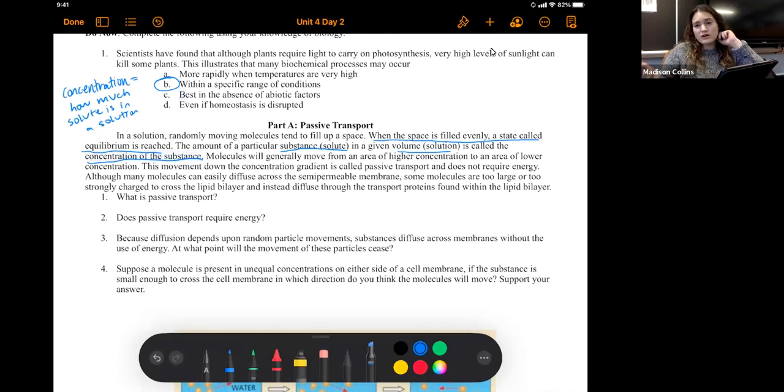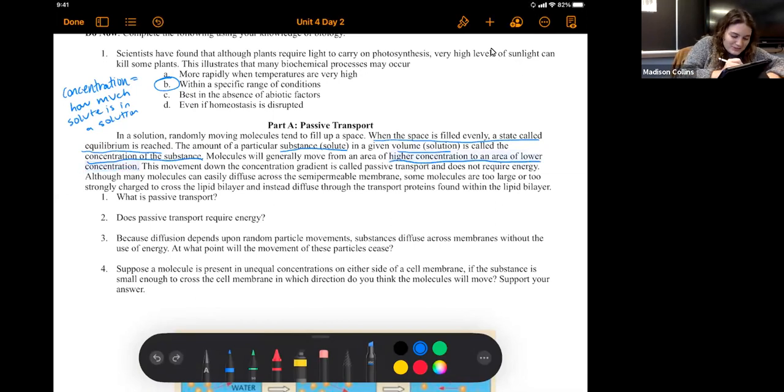So if something is more concentrated, that means there is more solute in that solution. If something is less concentrated, there is less solute in that solution. Molecules will generally move from an area of higher concentration to an area of lower concentration.